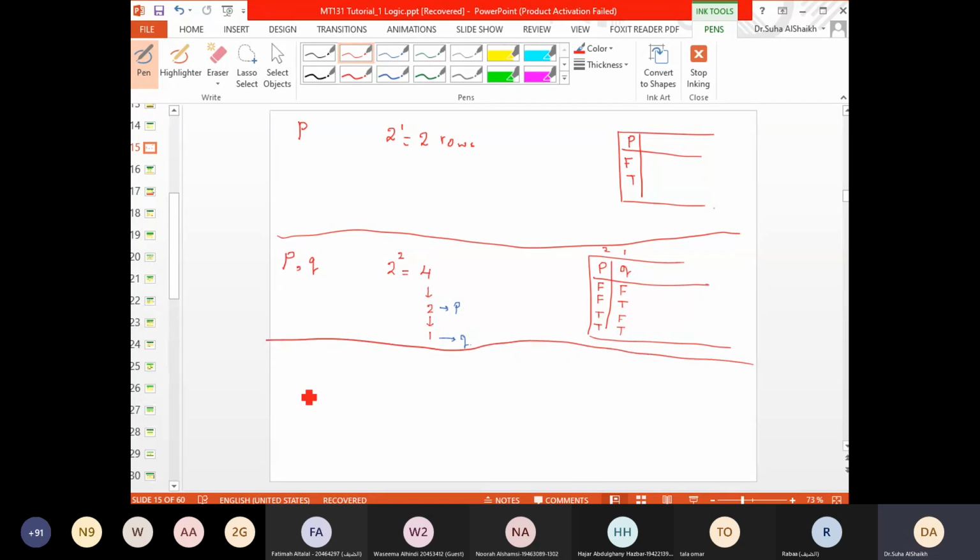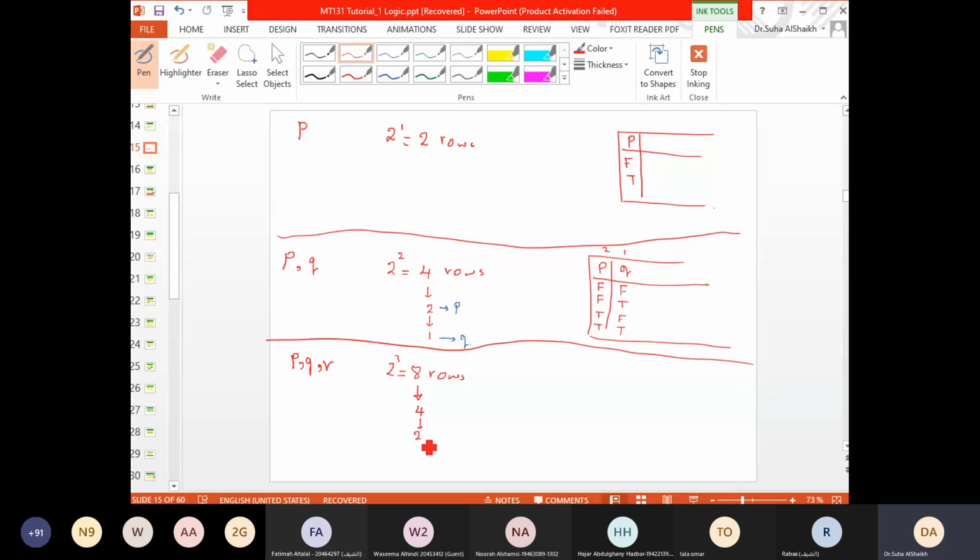هذا الكيس of 2. طيب لو كان عندي P وعندي Q وعندي R, how many of them I have? I have 3 propositions. So التيبل راح تكون فيها 2 to the power 3 اللي هو 8 rows. طبعا مهم نكتب هنا rows. الحين نبدأ ننصصها. دائما نبدأ بالبي بعدين Q بعدين R. Yeah. نص ال 8 4.